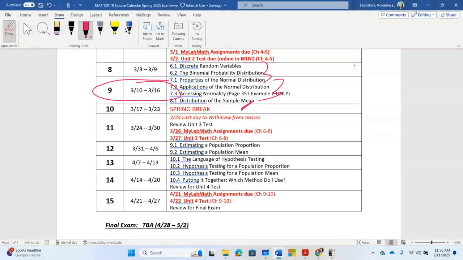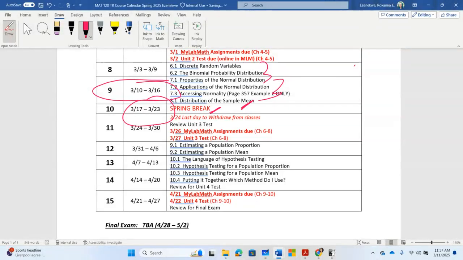Okay, so after Thursday, we will be on spring break next week. Spring break will be on the 17th and finish on the 23rd. And then when we come back, from the 24th to the 30th, we will be taking a test that week. So during spring break, you better be doing your individual review.